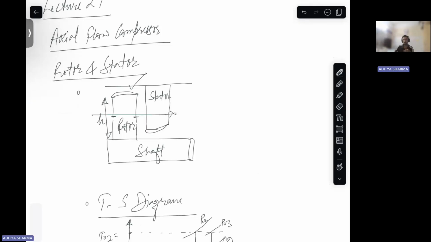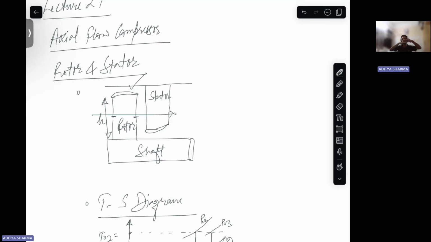But then you have this whole height of this blade. So if this is your blade, this is some plane one, this is second plane. Let's say this is one plane, this is two plane.